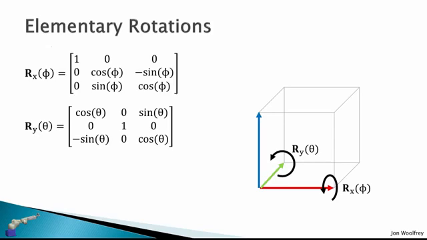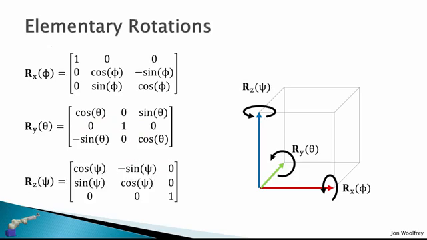Similarly, we have a pitch angle theta given by this matrix here and as shown in the diagram. And you will notice that the row and column vector associated with the y direction are empty, meaning that any vectors along the y-axis remain unchanged. And lastly, we have a rotation psi about the z-axis given by this matrix.